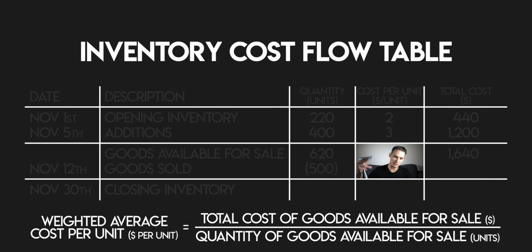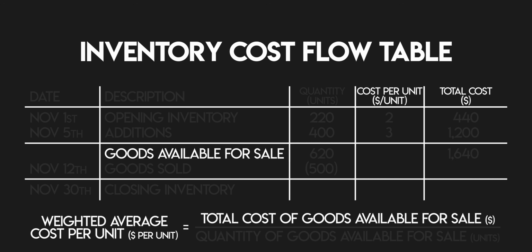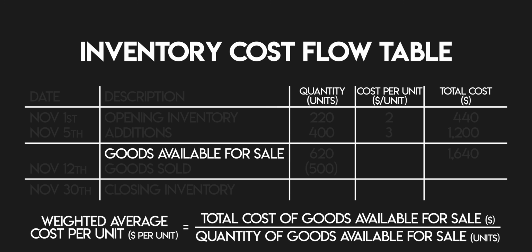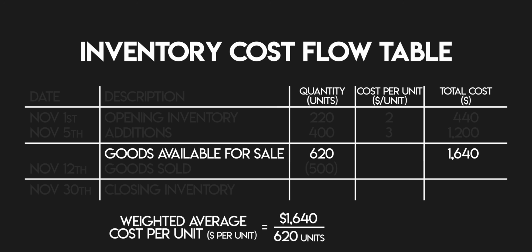Okay, here's where the AVCO equation comes in. We need to work out the weighted average cost per unit of your goods available for sale. This is your total cost of goods available for sale divided by your quantity of goods available for sale. Right, so your total cost of goods available for sale is $1,640 and your quantity of goods available for sale is 620 units. 1,640 divided by 620 is 2.64516129.